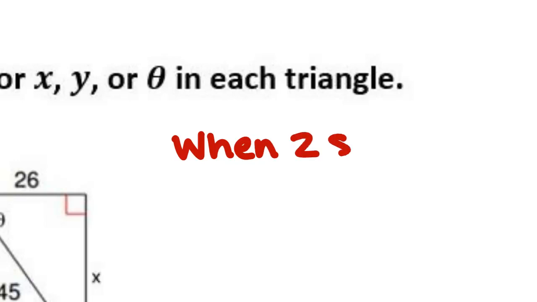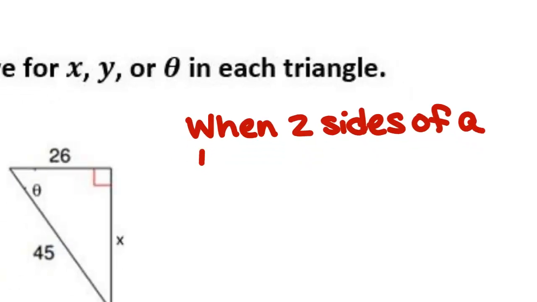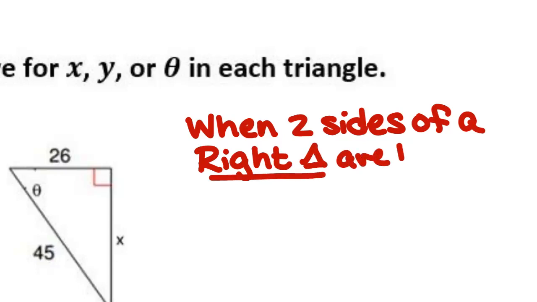When 2 sides of a right triangle are known, what do we use? What'd you say? PT. Yes, we're going to use the Pythagorean theorem.